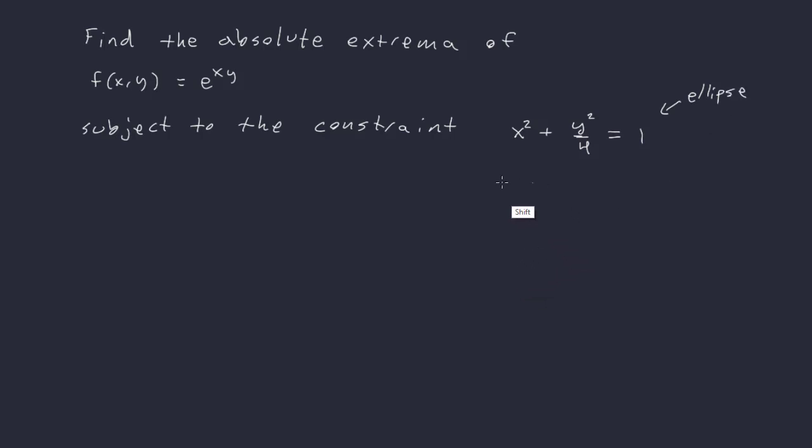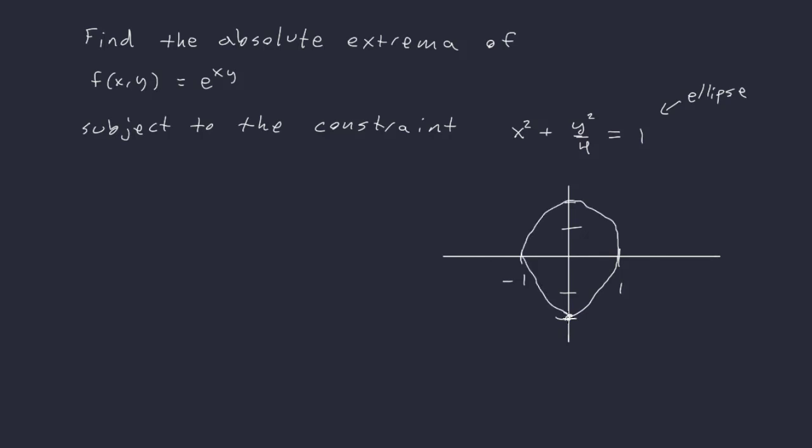So what we need to know about this is with this ellipse we go out 1 in the x direction and 2 in the y. Okay? Horrible graph, of course, as usual.